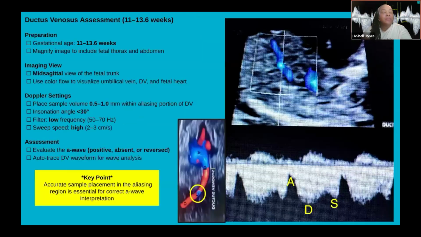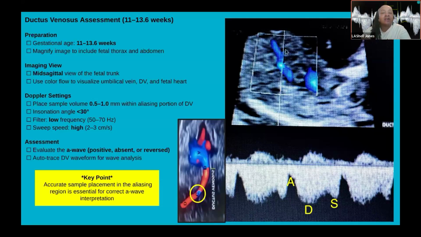All right. Now, the same applies for ductus venosus. There are a couple things that are different. Once you're getting a mid-sagittal view of the fetal trunk, and you're assessing the ductus venosus right at the portion where you notice that there is some aliasing, that's usually where you want to place that sample gate. You can see it here at the bottom as well. You'll place your sample gate there, and you want to keep the size of the sample gate, because it is a narrow section, to about 0.5 through 1.0 millimeters.